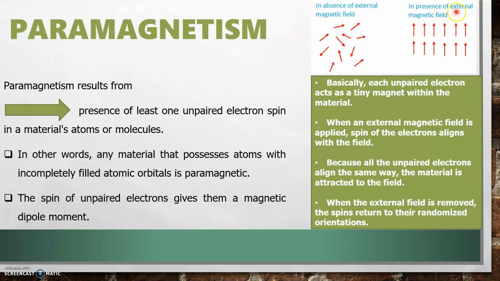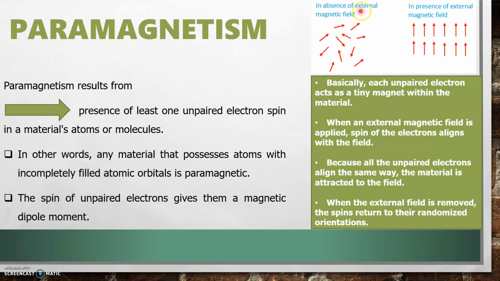Whenever there is a magnetic field present, all these spins orient along the direction of the magnetic field. So when there is an unpaired electron, that unpaired electron basically acts like a tiny magnet in that material.